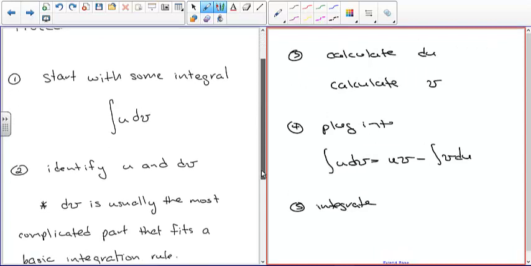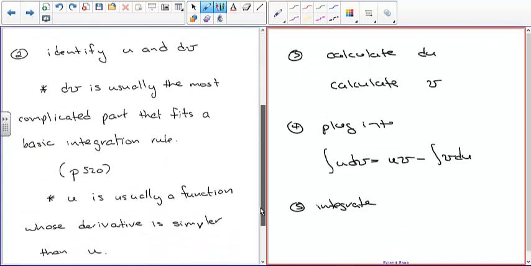Okay, so once you choose u and dv, you calculate du by taking the derivative of that, just like we do for u substitution. You calculate v by integrating it using the integration rules on page 520.